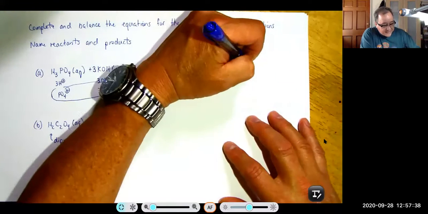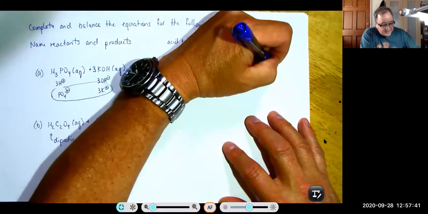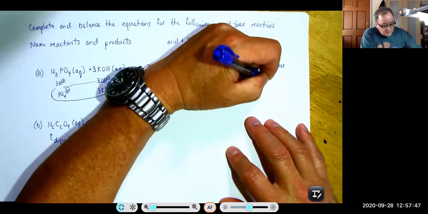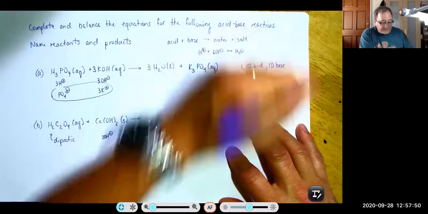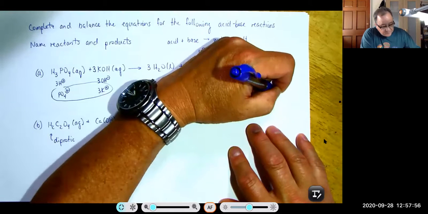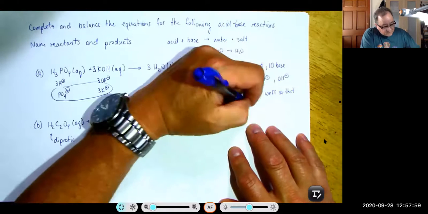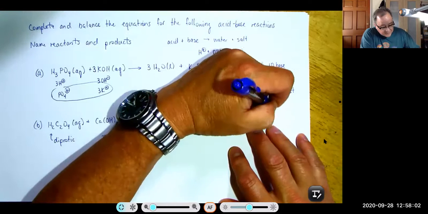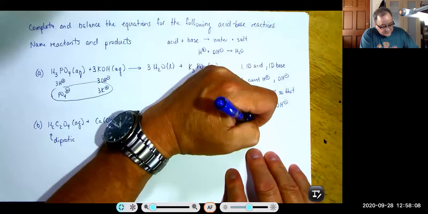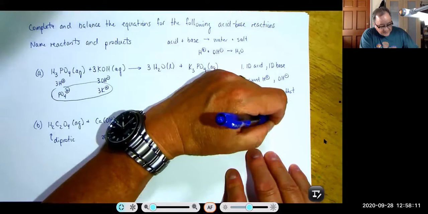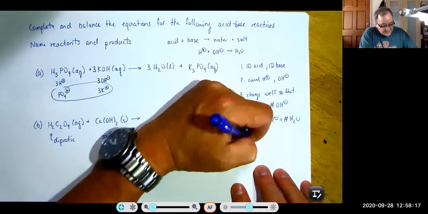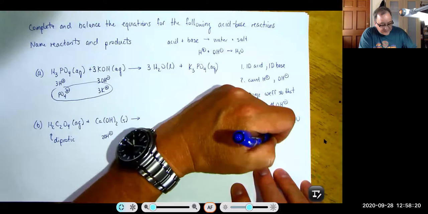First, you need to ID the acid, ID the base. Second, you have to count protons, hydroxides, and then 3, you have to change coefficients so that the number of protons equals the number of hydroxides, and then 4, the number of protons equals the number of hydroxides equals the number of H2O, and then 5, the remaining ions make the salt.